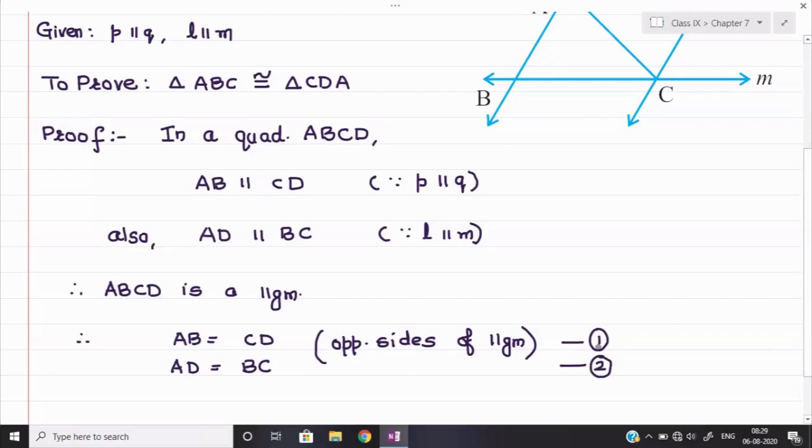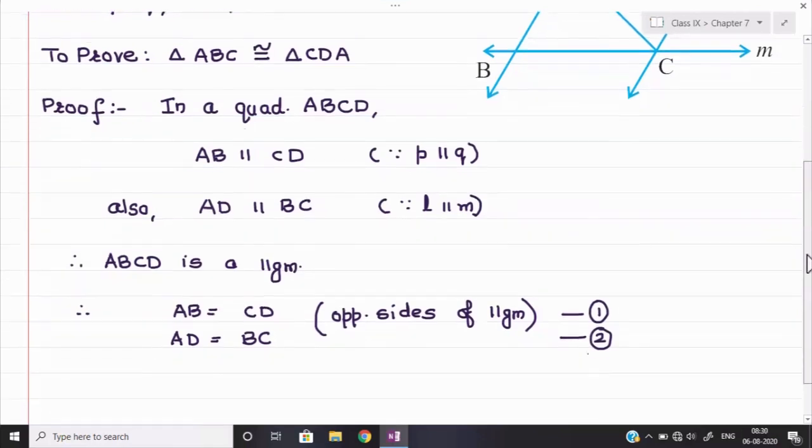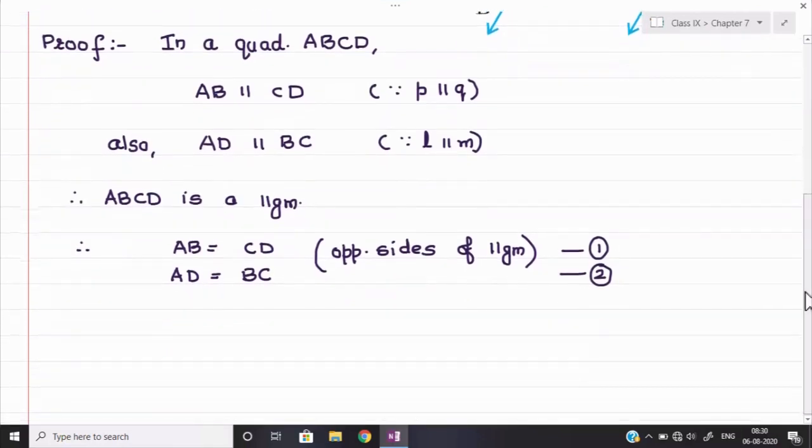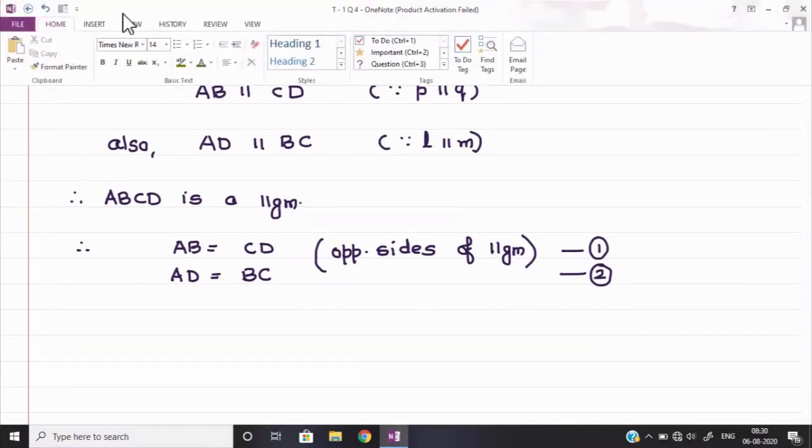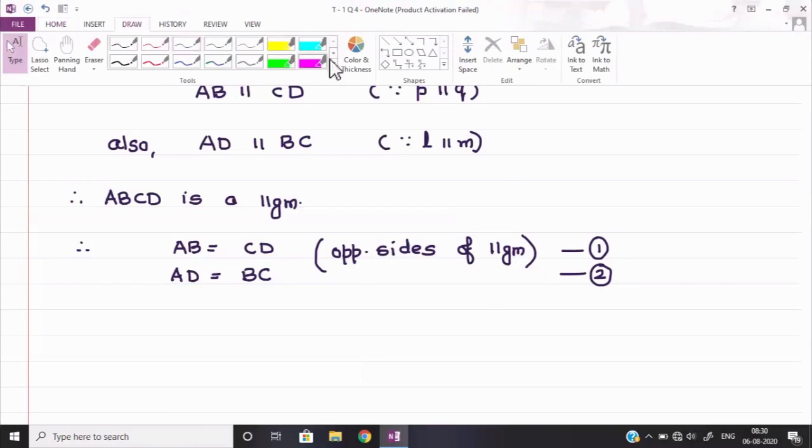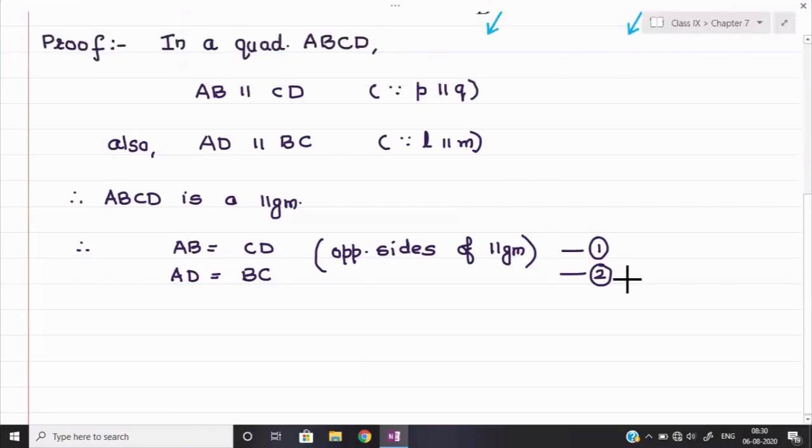Now what do we need to prove here? We need to show that triangle ABC and triangle CDA are congruent. For that purpose I will first take two triangles. Suppose I draw one triangle over here, and similarly, corresponding to it, I take one more triangle.